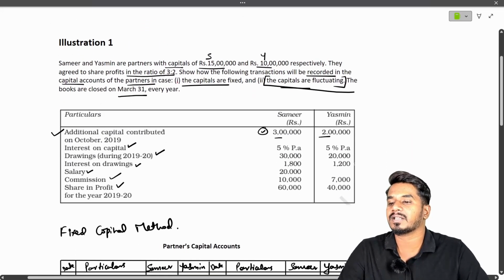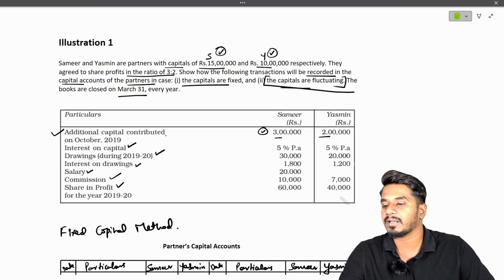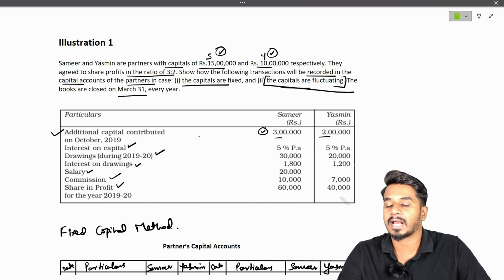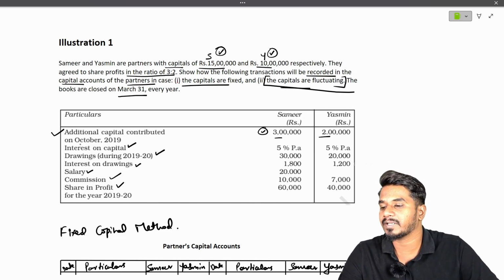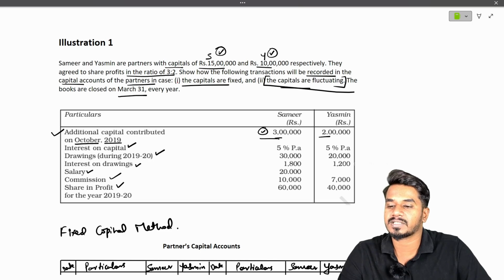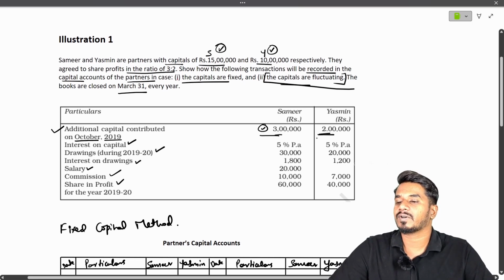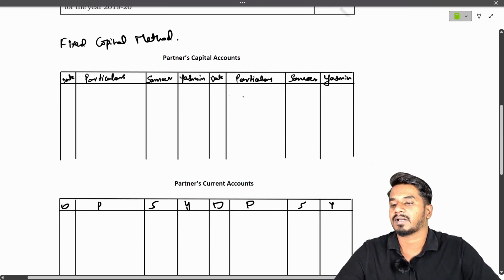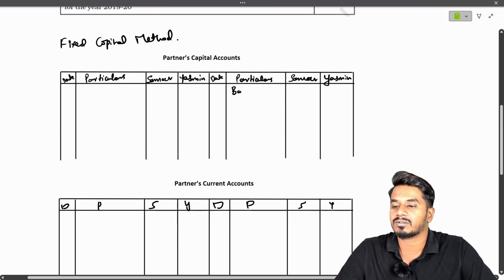The capital given in the question is 15 lakh rupees and 10 lakh rupees. In between, they have introduced or added some capital, that is on October 2019. That is rupees 3 lakh from Samir and 2 lakh from Yasmin. So first the base capital, whatever is there, we will write it down as balance brought down.